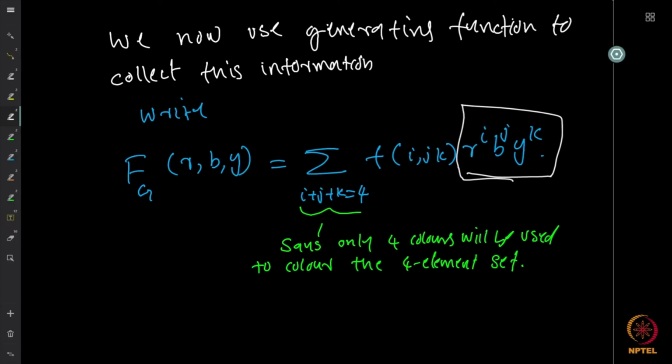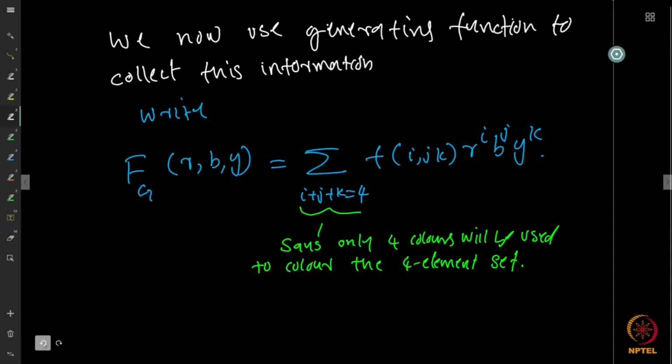And exactly that number is what we are looking at here, which is t of I comma j comma k. So we are putting it into the form of a generating function. This is how we define generating functions anyway. So our generating function f_G of r, b, y is this one.